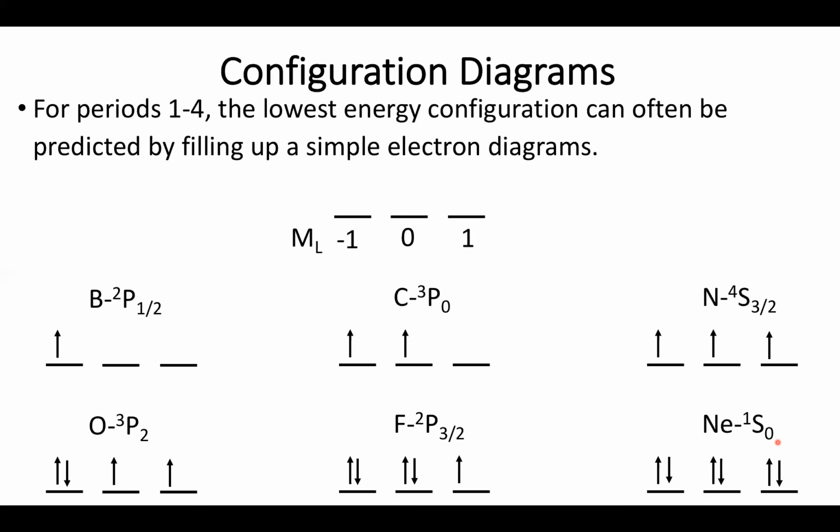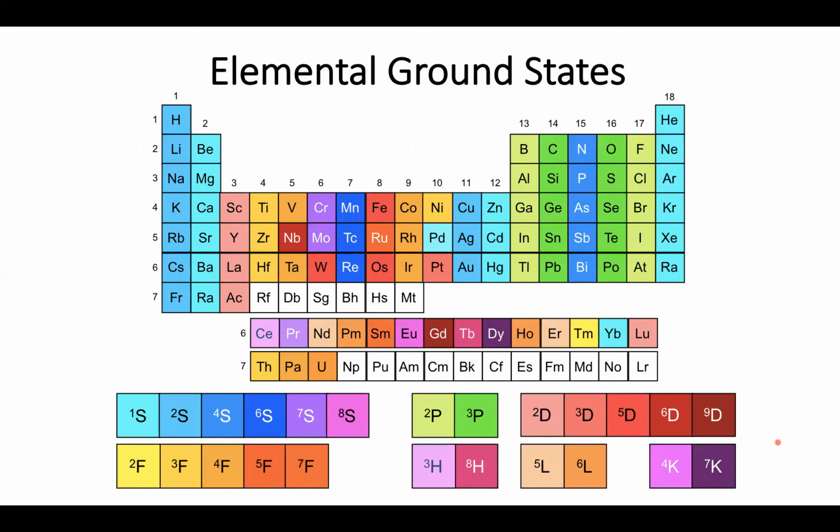After that, you have to watch out for JJ coupling, which gets a little bit messy, so I won't get into it too much. But when you put this all together, it's fairly easy to determine the ground state term symbols of each and every element. And again, this holds fairly well through the fourth period. By the time you hit the fifth period in the D blocks, it can get very messy.